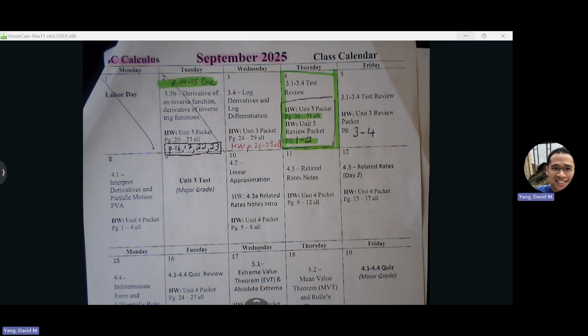The third page, starting 31. That's the review of 30 back one.